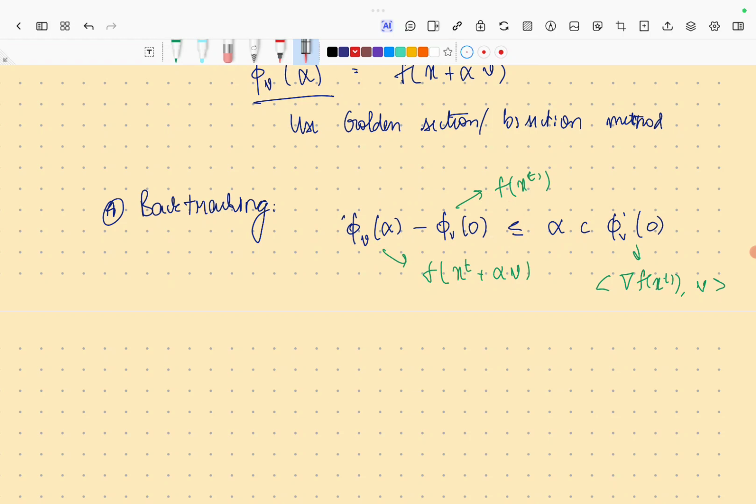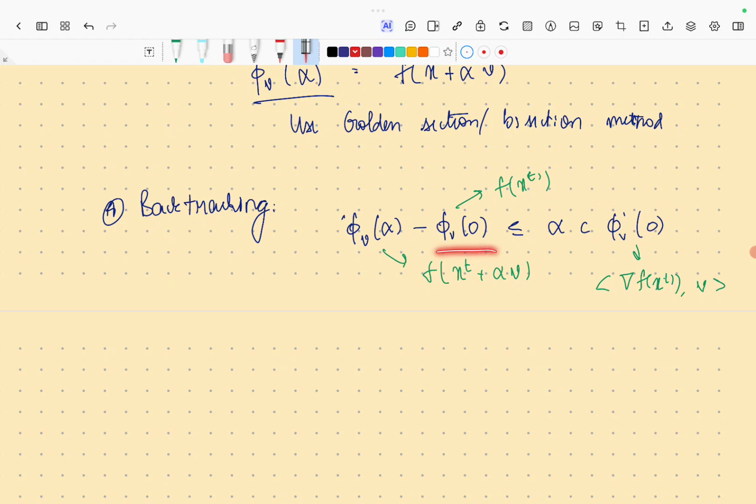And how far do you go in the direction of v? Well, we just set a baseline. We say that it should be less than alpha times c times the derivative. As of now, it's kind of a heuristic rule.